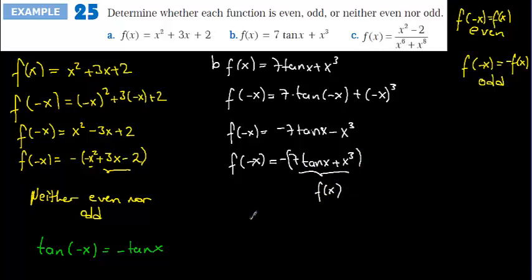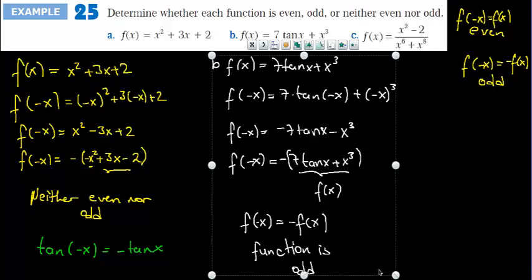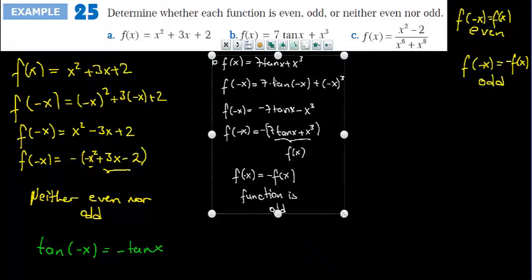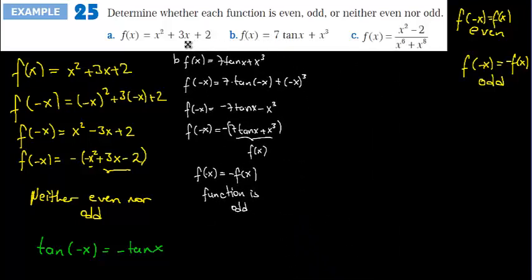So f minus x is equal to minus fx here, and when f minus x is equal to minus fx, the function is odd. Okay, this was the second one.